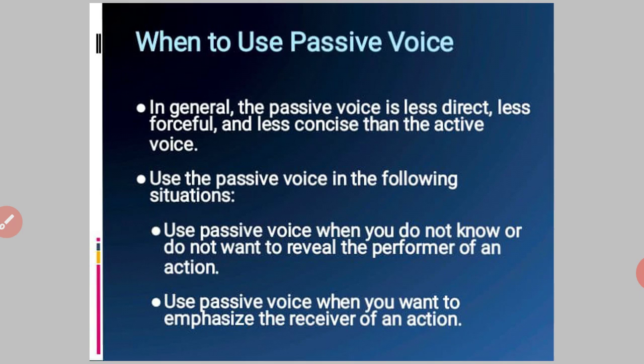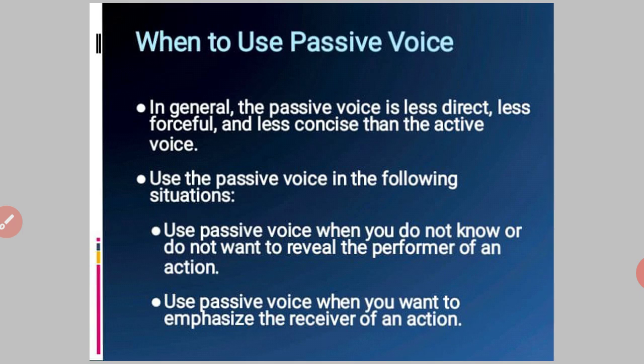Use passive voice when you want to emphasize the receiver of an action. Okay, when your receiver is important, not the subject, not the doer. If you want to create more effect on the receiver, then we have to use passive voice.